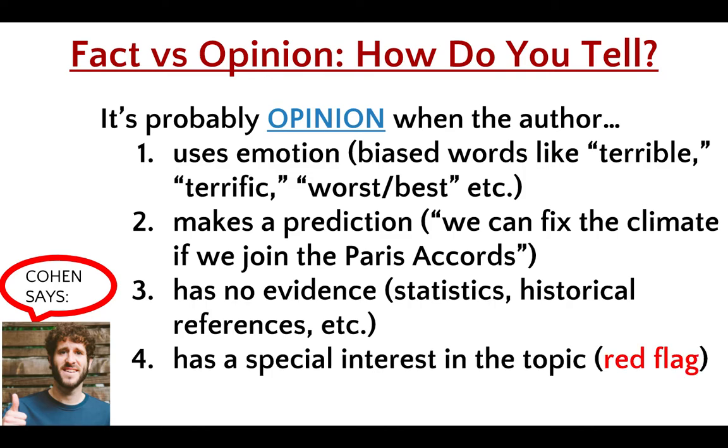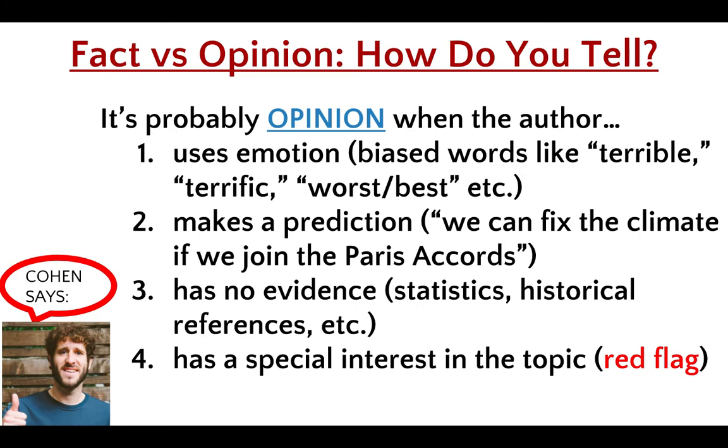And finally, this isn't necessarily a sign that it's going to be an opinion, but it's a red flag that you should be on the alert for opinions, and that is if the person writing has a conflict of interest or a special interest in the topic they're writing about.